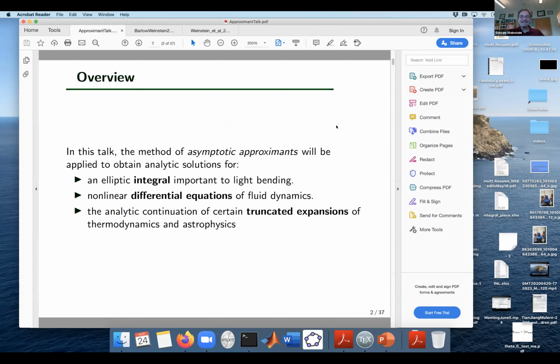Just so you know. Okay, so these are the three different things that we've solved using the method, which I have not told you what the method is yet. The things we solve using the method are integrals, which arguably could also be called differential equations, so I guess you could combine the first two bullets into one. Integrals, differential equations, and the analytic continuation of certain things that just exist as series by themselves, such as the post-Newtonian expansion and the virial series of thermodynamics.